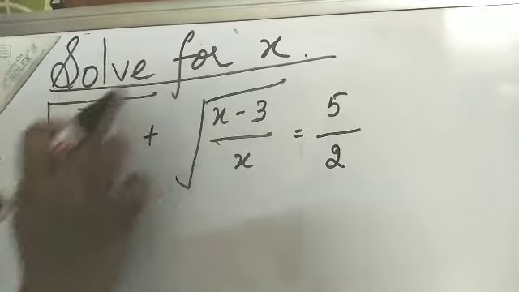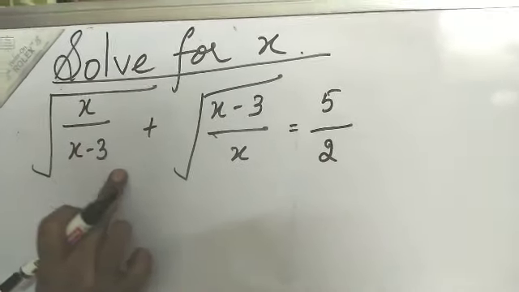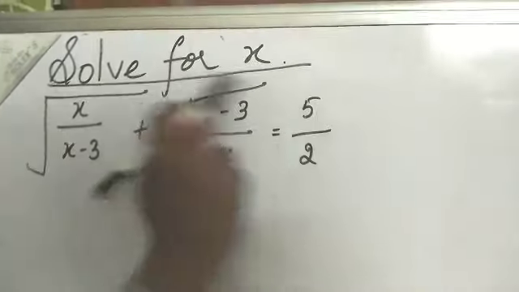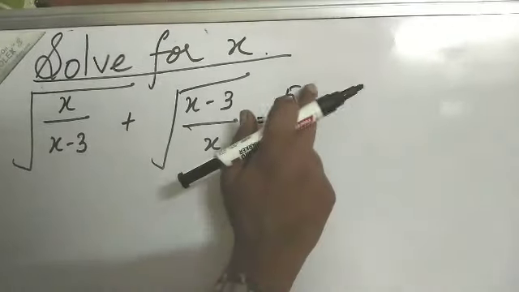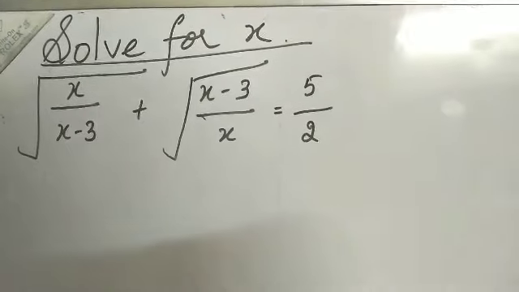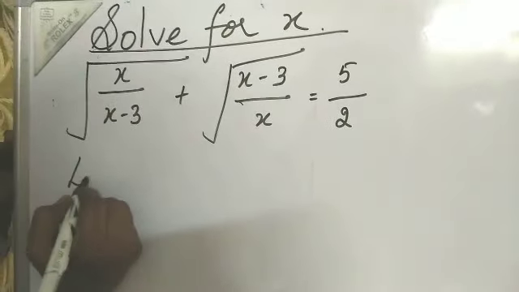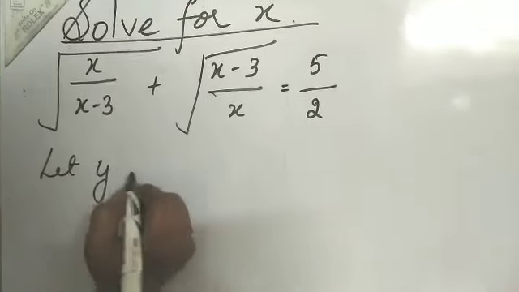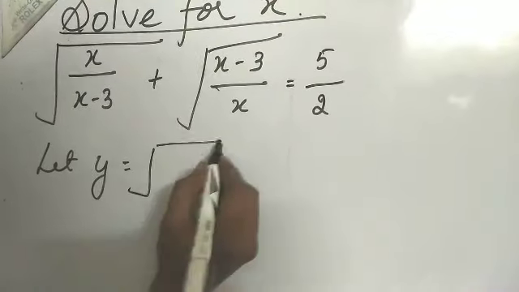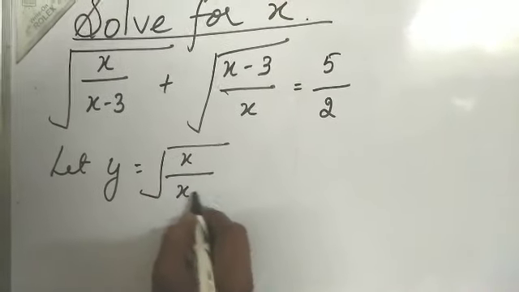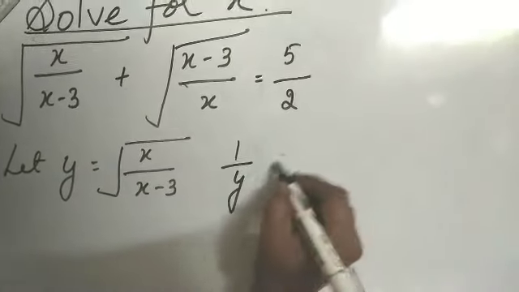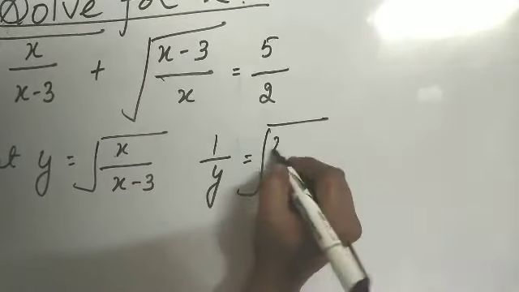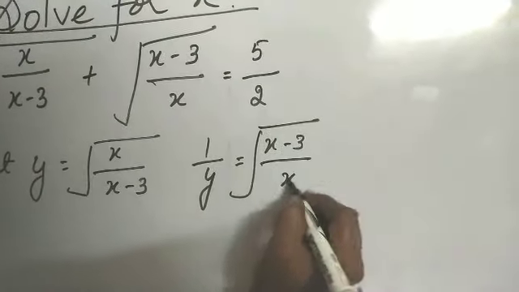Okay, under root x upon x minus 3 plus under root x minus 3 upon x is equal to 5 upon 2. Now let y is equal to under root x upon x minus 3 and 1 upon y is equal to under root x minus 3 upon x.